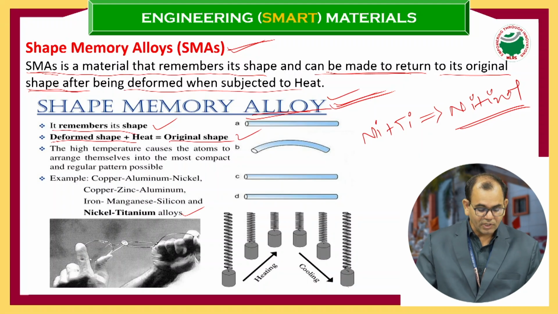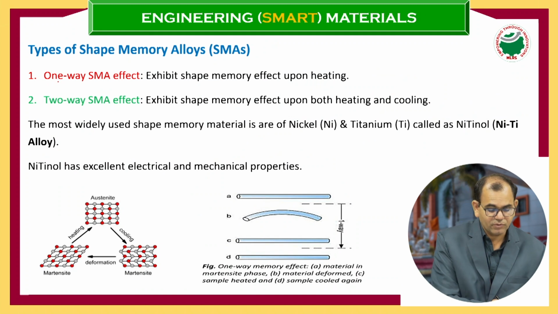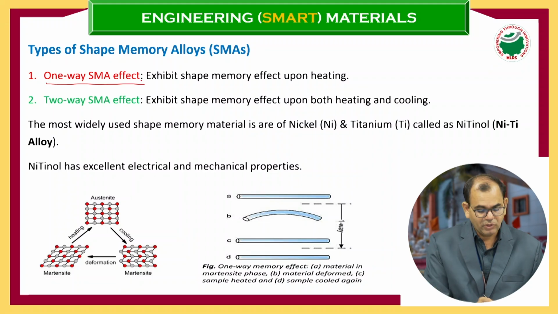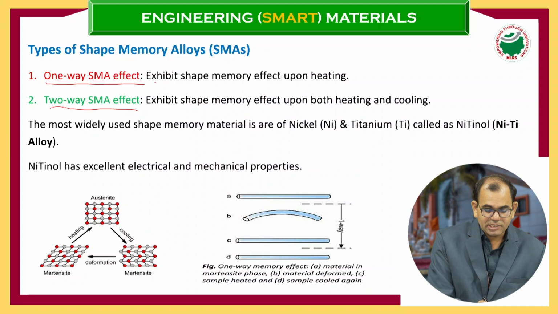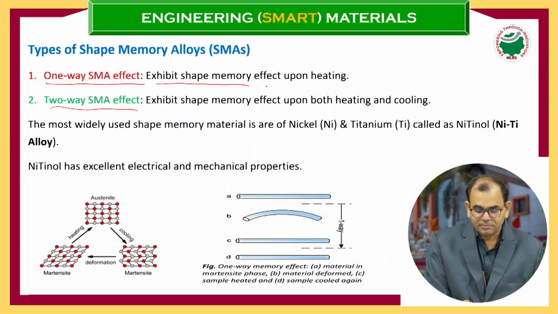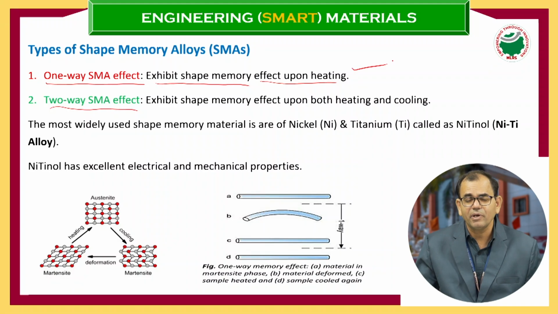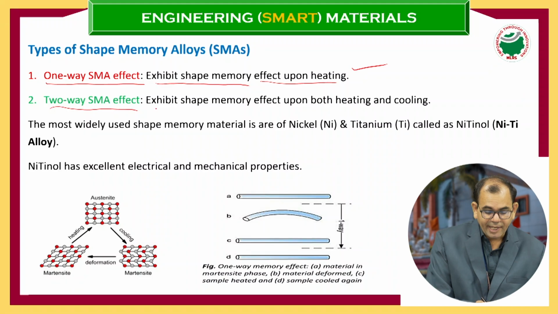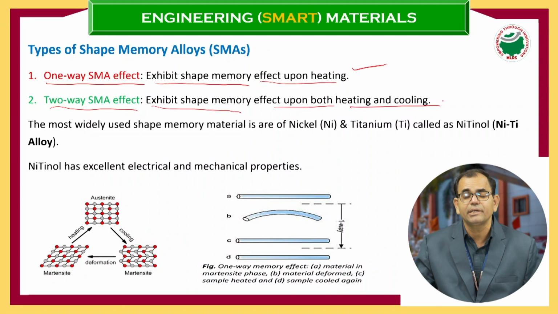Now here we can see shape memory alloys are of two types: the one-way shape memory effect and the two-way shape memory effect. What is one-way? It exhibits the shape memory effect upon heating. One-way means upon heating it changes shape. Two-way exhibits the shape memory effect upon both heating and cooling.